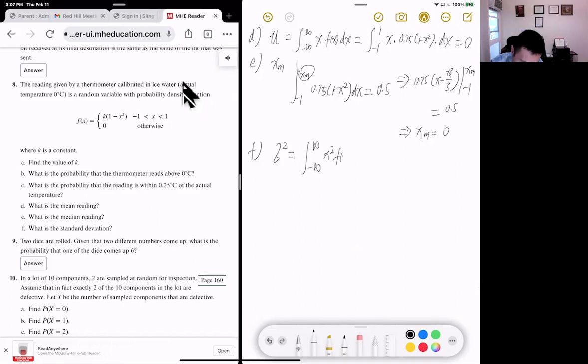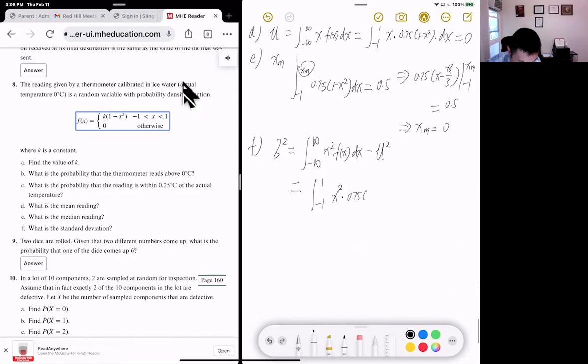This is one equation for variance: the integral from -1 to 1 of x squared times f(x) dx, minus mu squared.